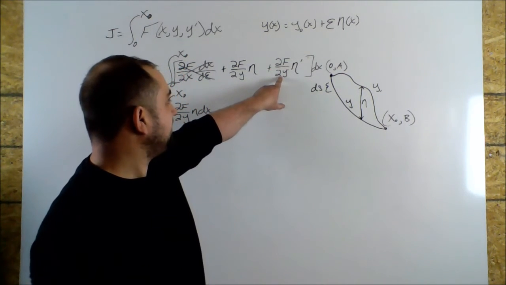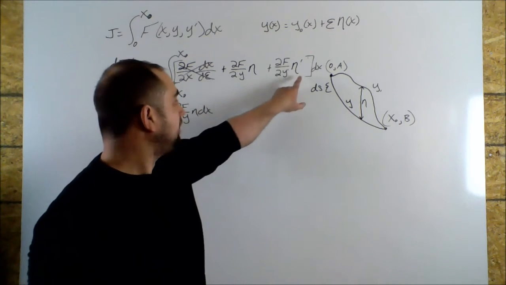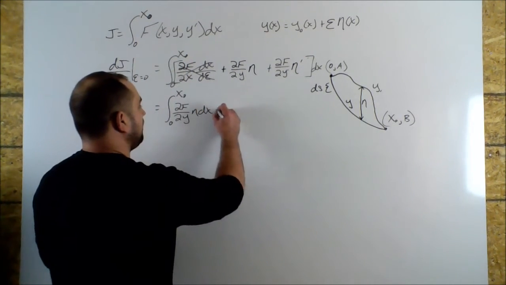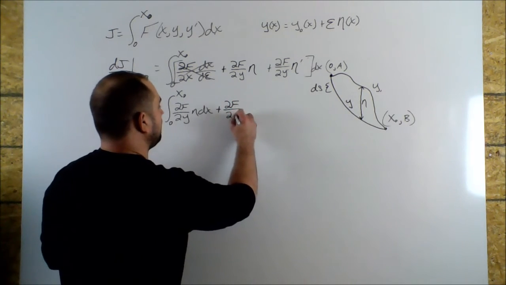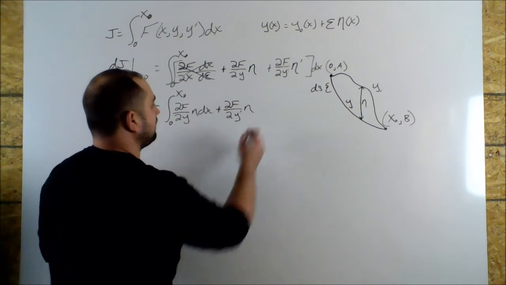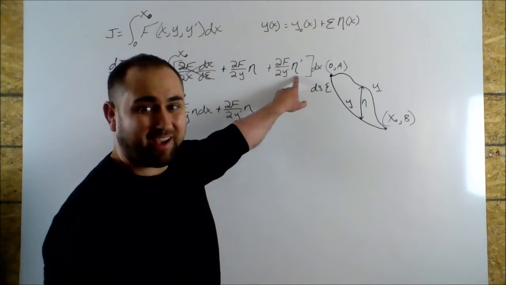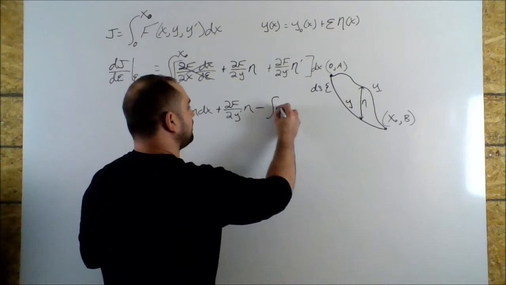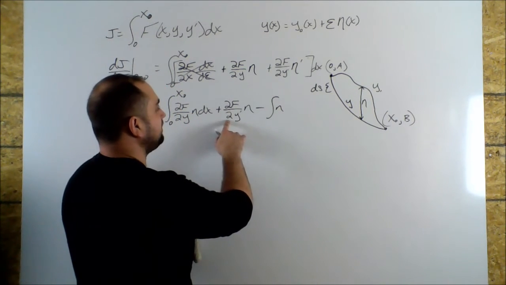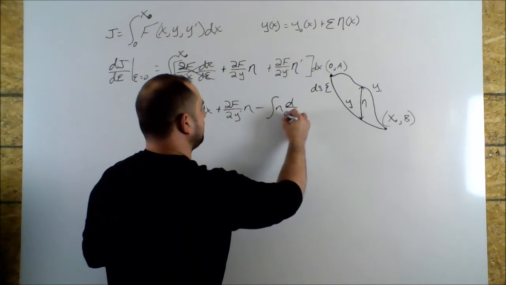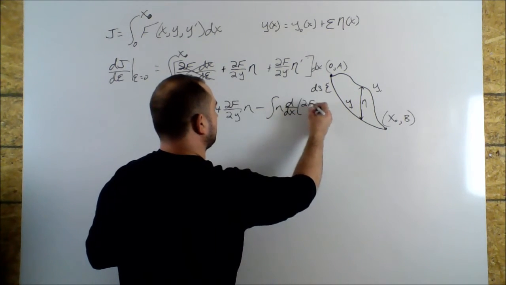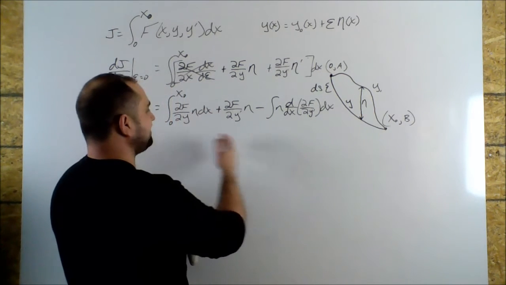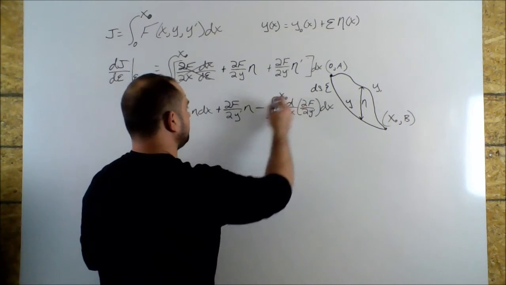So I would get this times the integral of this. Now the integral of eta prime is just eta, minus the integral of eta times the derivative of this. And I've integrated over the bounds.